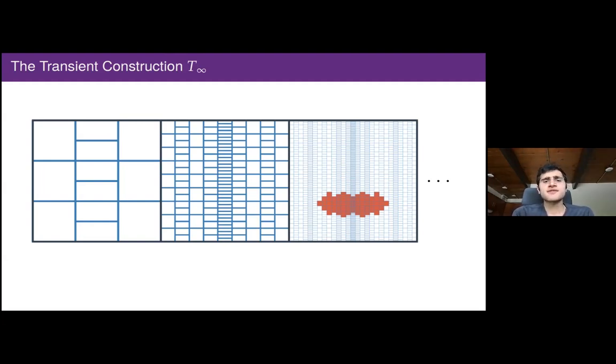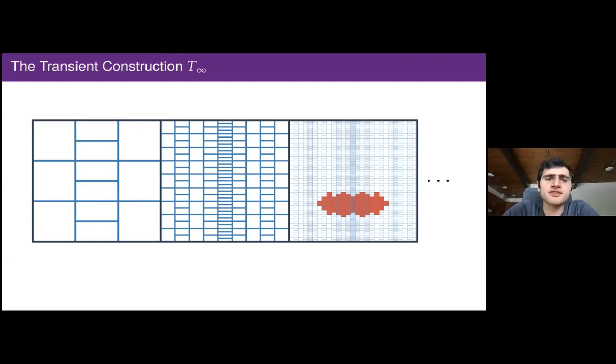In order to prove transience, what you need to do is compute the effective resistance from, say, a tile on the left to infinity, and show it has finite effective resistance. And the only tools that you need are the series law and the parallel law. But let's do it more precisely.